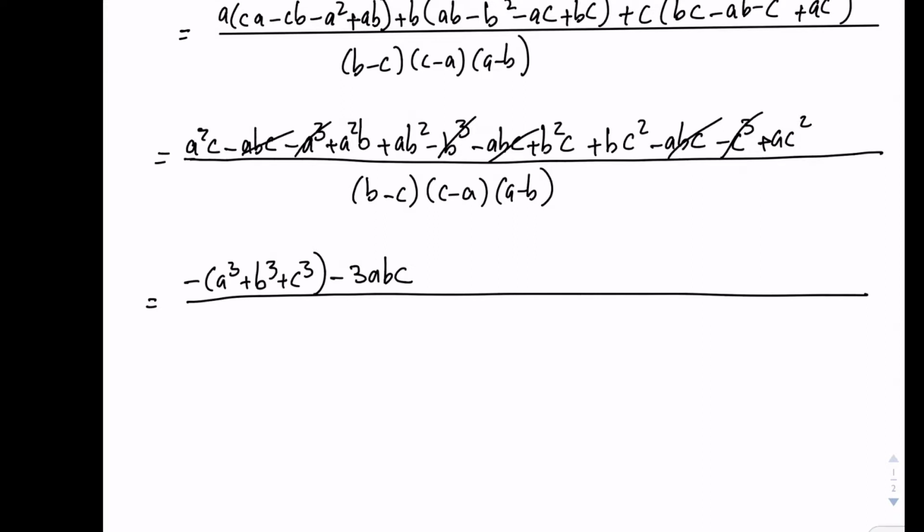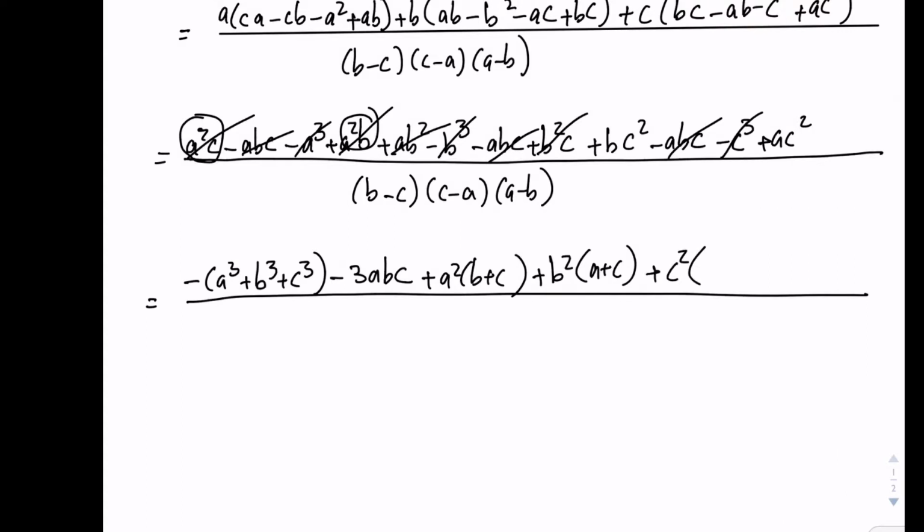Then we can factor out A squared from the terms A squared C and A squared B, so we will get A squared times parenthesis B plus C. Then we will factor out B squared from the terms B squared A and B squared C, and C squared from the terms C squared B and C squared A.